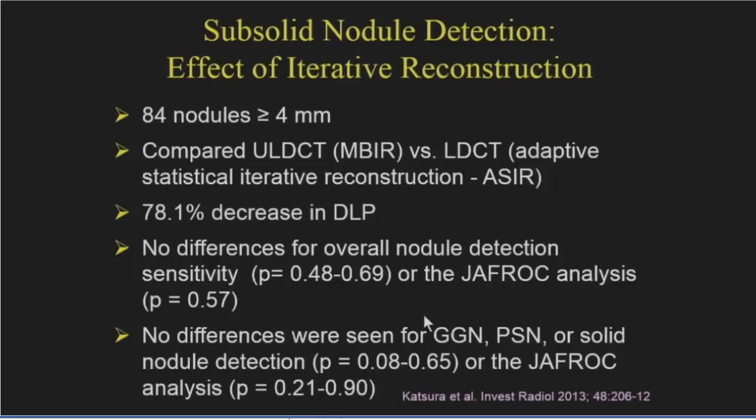This is also still to be further investigated, but initial studies such as this one from Katsura and colleagues have demonstrated that using, for instance, in the study, model-based iterative reconstruction with ultra-low-dose CT as compared to low-dose CT with adaptive statistical iterative reconstruction was able to significantly decrease the radiation exposure to sub-millisievert levels without changing the overall detection rate of the nodules, and especially without changing the detection of the ground glass nodules and part solid nodules.